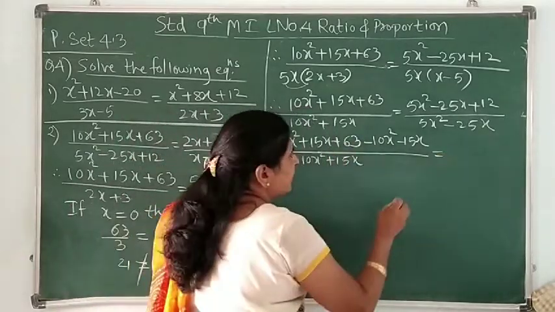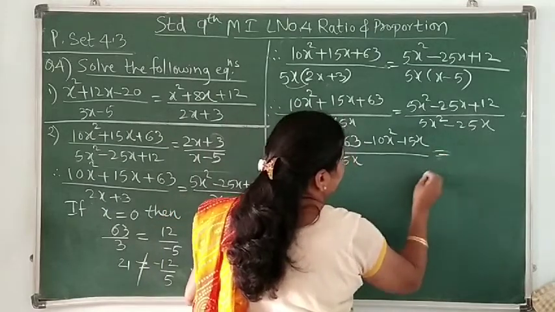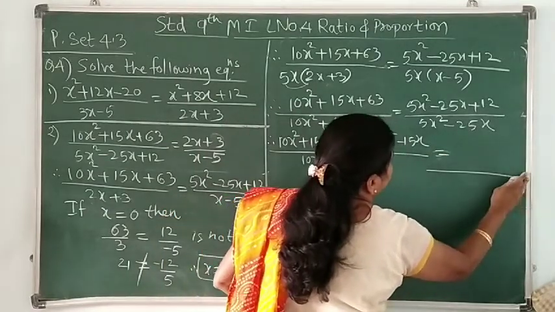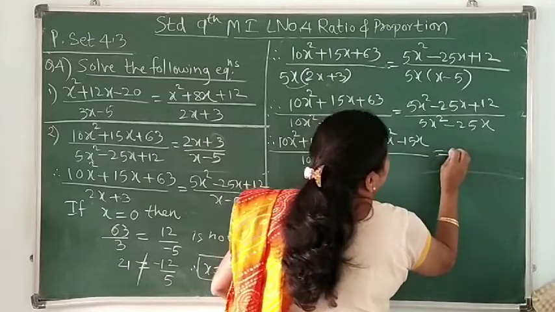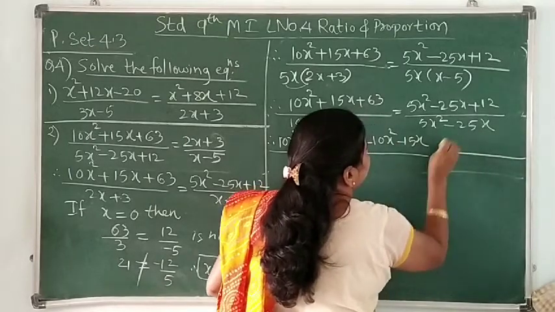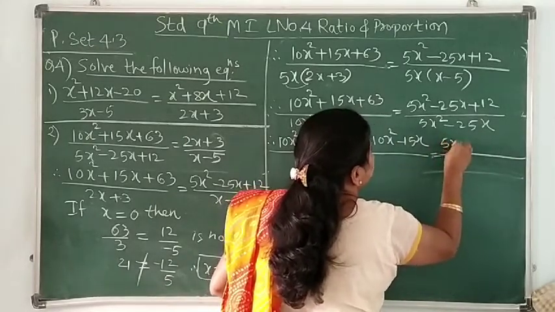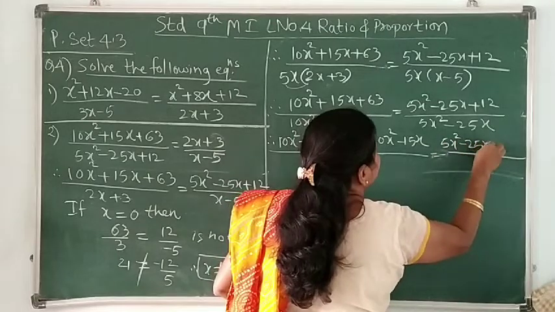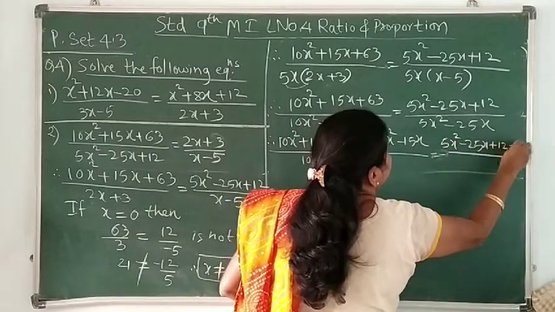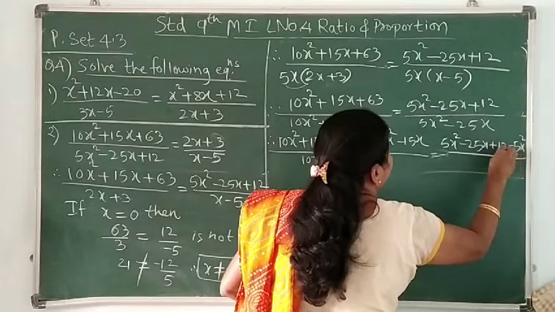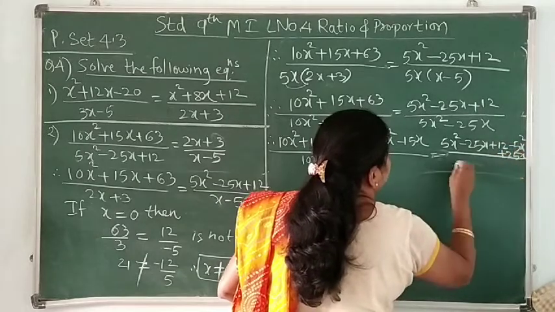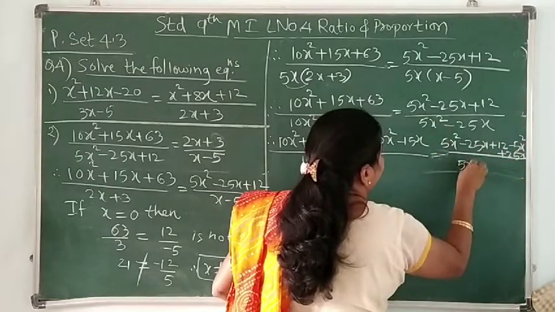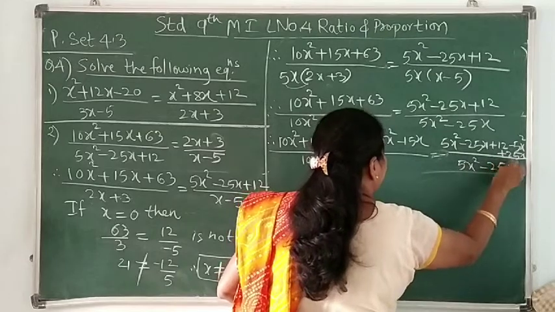Let's do the same on the right side. Let me copy it down here. So it is 5x² − 25x + 12 − 5x² + 25x upon 5x² − 25x.